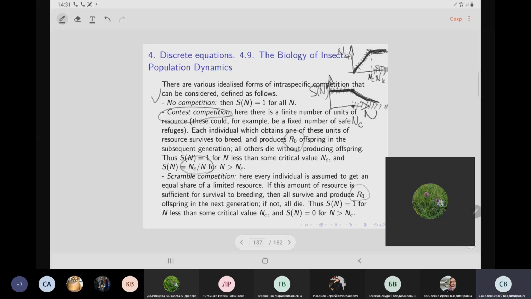It is the situation when, for example, we are trying to feed all the offspring. So we share the resources, and sometimes when the resources are not enough, then all our population will die. So on the next step, there will be no population at all.